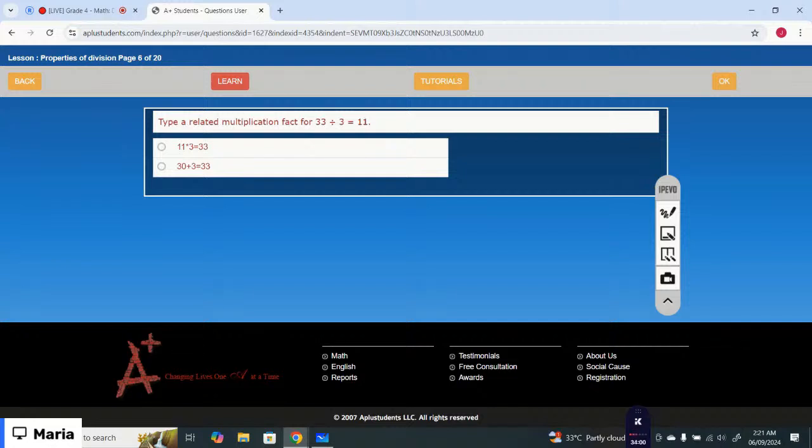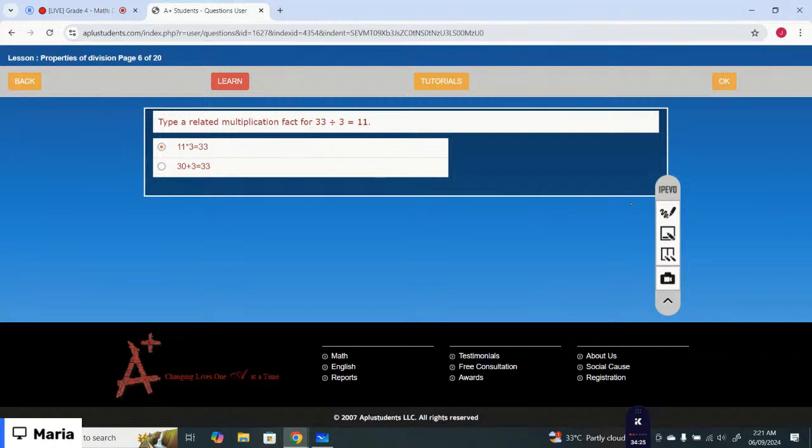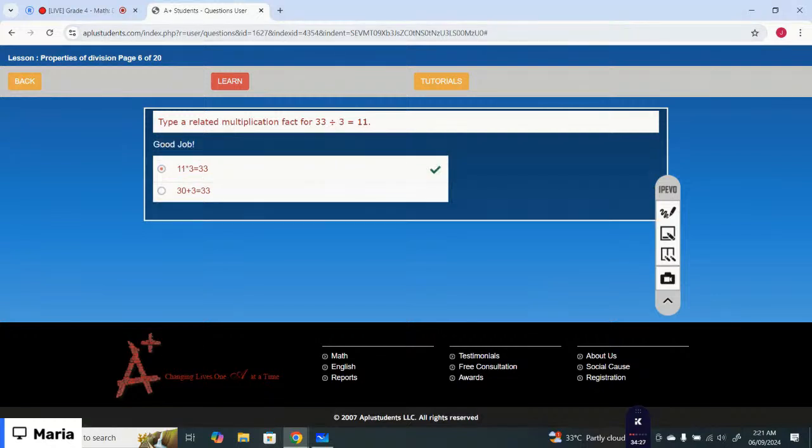The correct option is, hmm, option 2. No, division and multiplication are related, right? So the related fact is 10 times 3 is 30. Division and multiplication are related. So option number 1 is the correct option. The related addition fact is 11 times 3 equals 33. Option number 1 is the correct option, not 2, right?